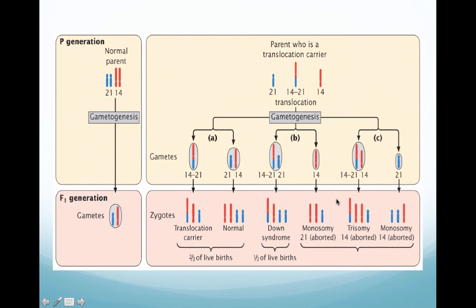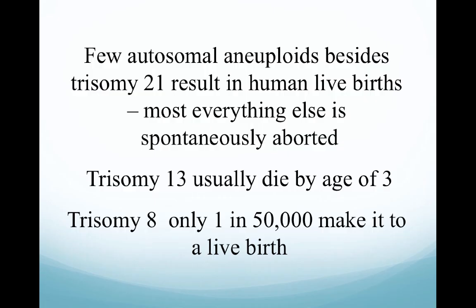However, if we get individuals that have either a monosomy, a trisomy, or another monosomy, those copies of genetic information usually tend to be lost in utero and are aborted as a miscarriage. So just keep that in mind as we start working through trisomy 21.